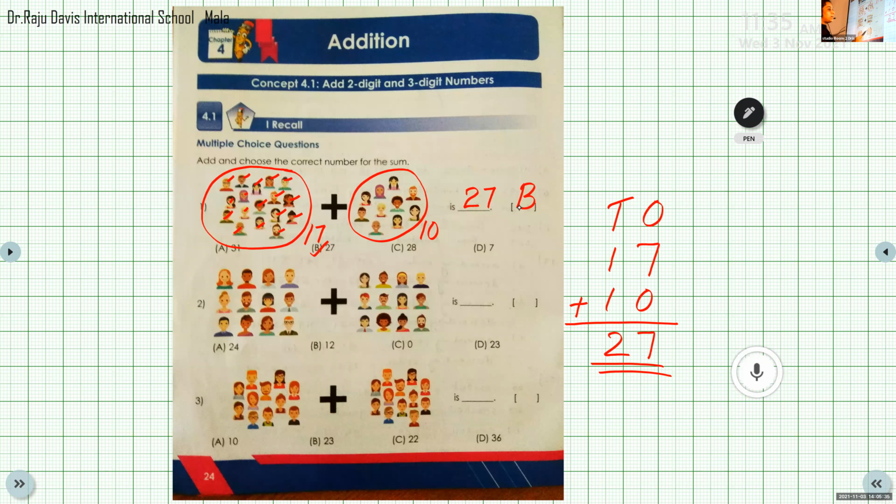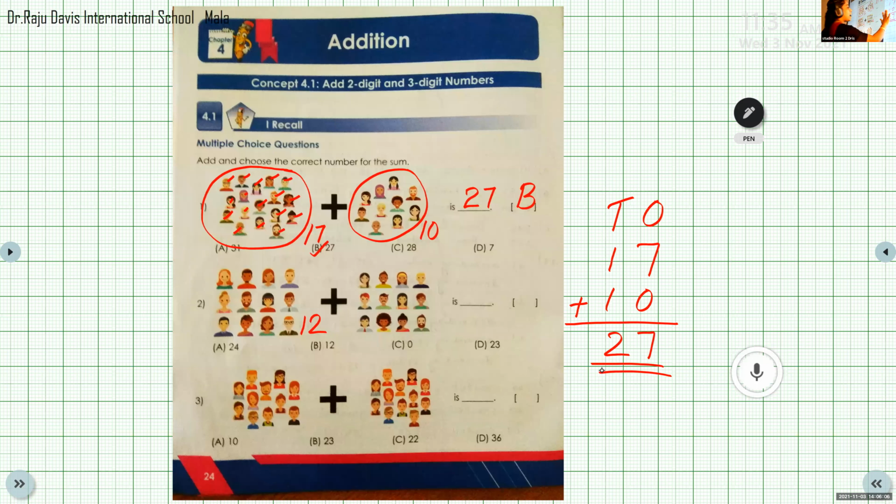Okay, Neva, please unmute and tell me the next picture. How many are there? 12. Yes, 12 are there here. And in the next one, count again. Yes, here also 12 are there.